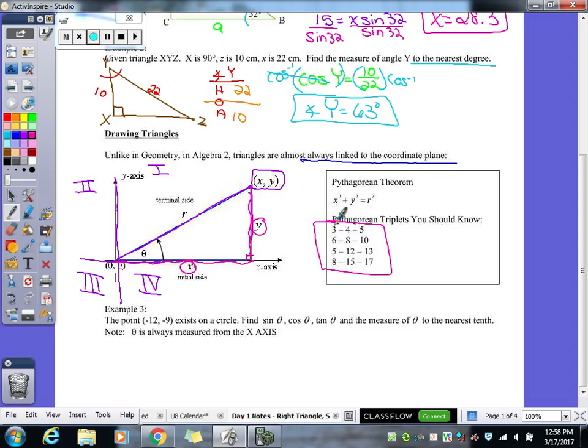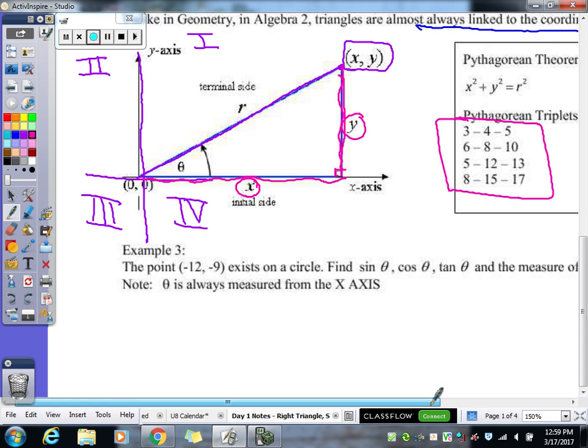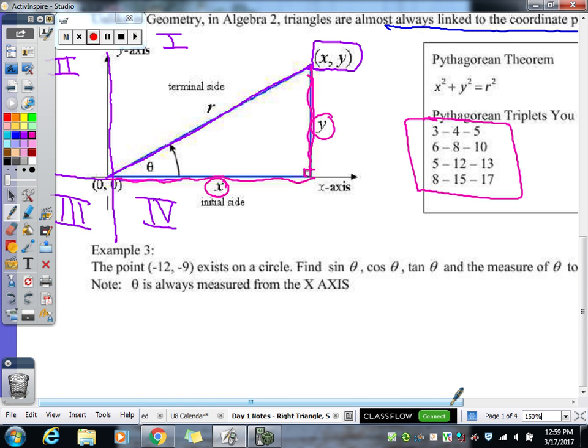So let's take a look at our example down here. I'm going to make this a little bit bigger so I can move it up as much as I can. So we have the point -12, -9. If I were to graph -12, -9, what quadrant would I be in? 3.